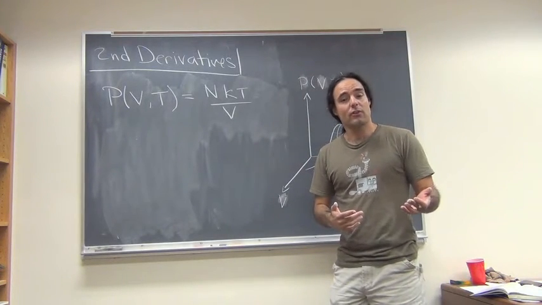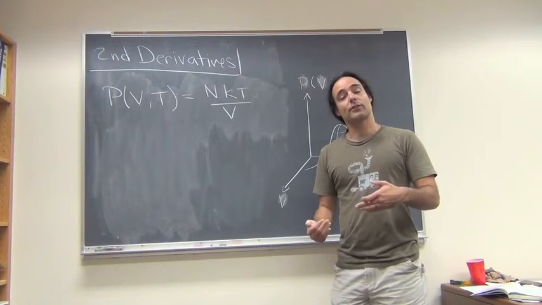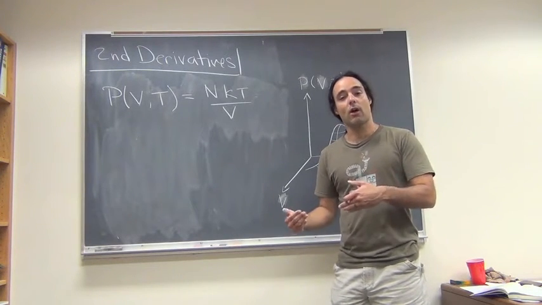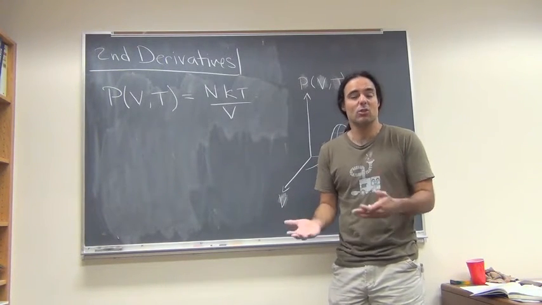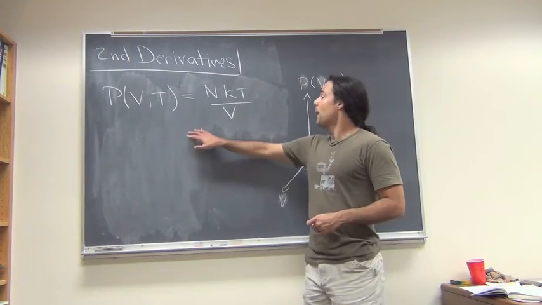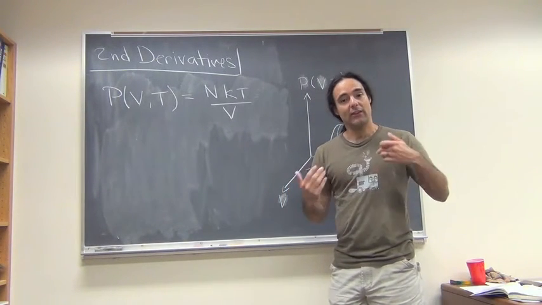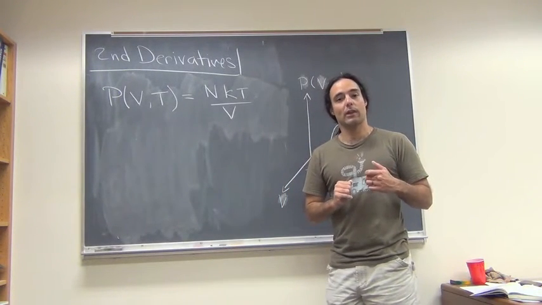Now I could have done this another way. I could have said what's the volume as a function of the pressure and the temperature, or what's the temperature as a function of the pressure and the volume. It doesn't really matter which variables I use, it's just using algebra to solve for the different variables. But let's actually take our mixed second order derivative and see if those two things are equal like I said.